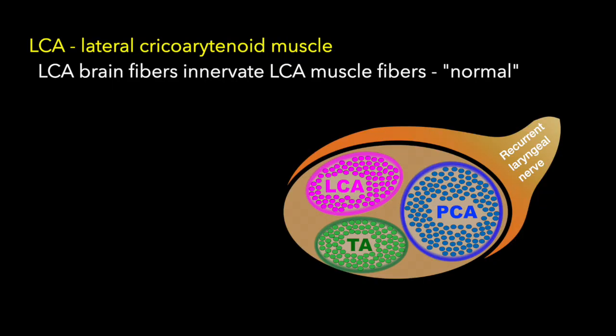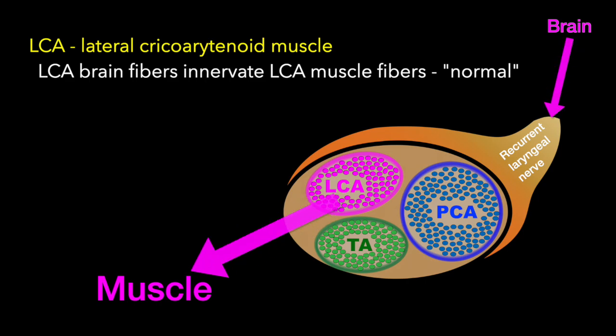So we can imagine there's an area in the brain that activates the lateral cricoarytenoid muscle. So these LCA brain fibers innervate the actual LCA muscle, and we would call this normal functioning if firing in the LCA center in the brain makes the LCA muscle move.